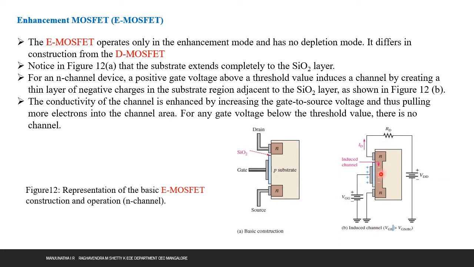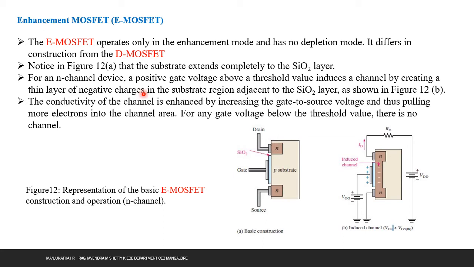So now we'll try to map this with the other enhancement, where instead of creating a negative channel or N channel, it is possible to create a P channel. How is it possible to create a P channel? It is a completely reverse process.